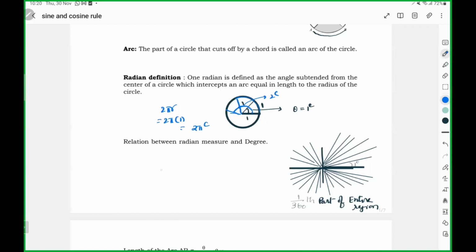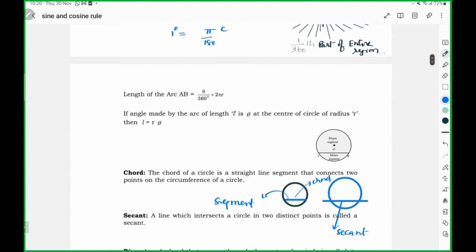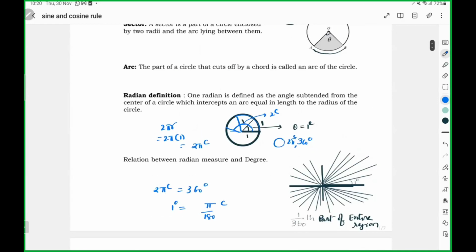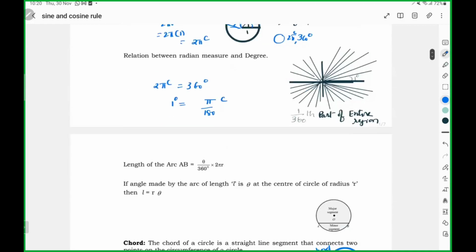So 2 pi radians will cover the entire region, and 360 degrees also covers the entire region. So 2 pi radians is 360 degrees, and 1 degree is pi by 180 radians. This is the relation between degree measure and radian measure.